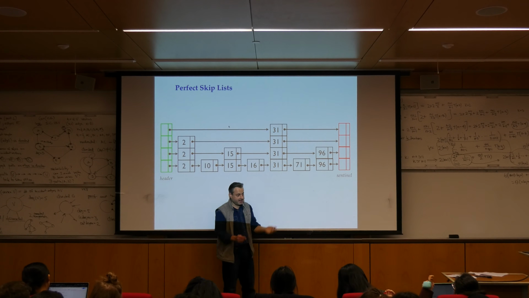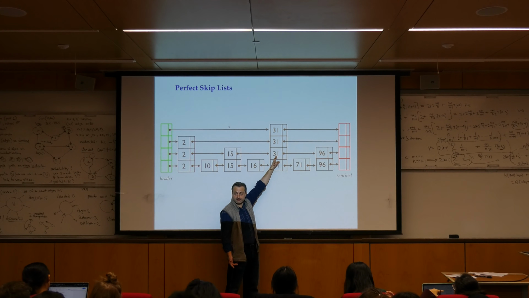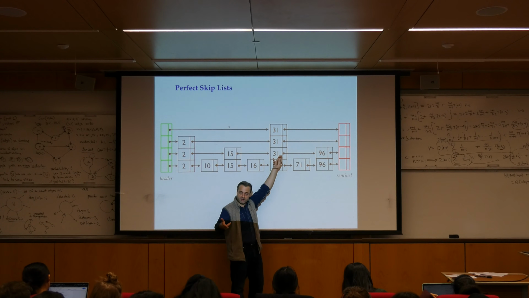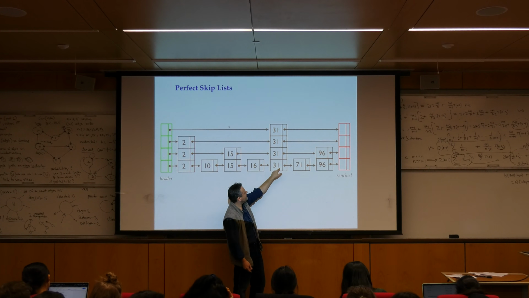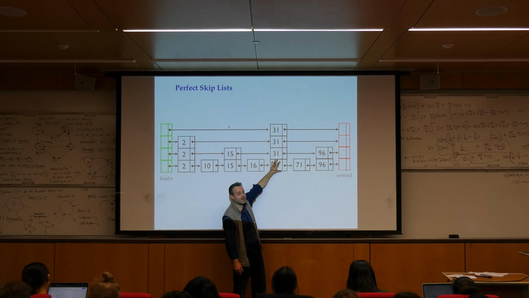I look at the 31, flip a coin. If it comes heads, I put it again. And here I flip another coin. If I see heads, I put the 31 again. And if I flip the coin again, it comes heads. When I flip this coin, how many heads did I get in a row? The 31 is given.